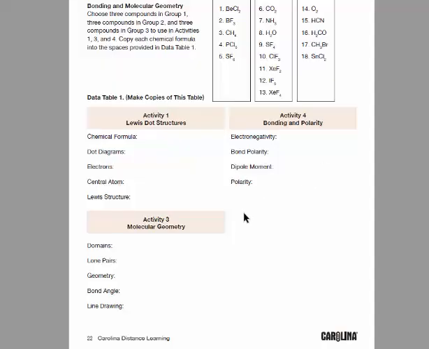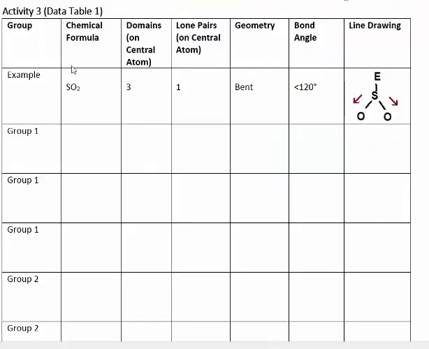You will be making models for the 9 compounds that you chose for activity 1, and there is a chart in your lab manual, but I think the chart that I made for you might be easier to use. So here's the chart. It has an extra column to include the chemical formula, and here's my example, the sulfur dioxide.